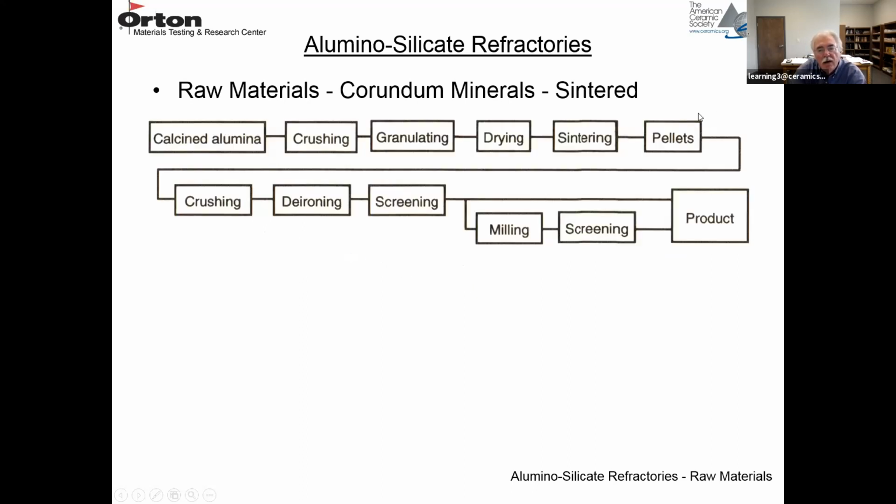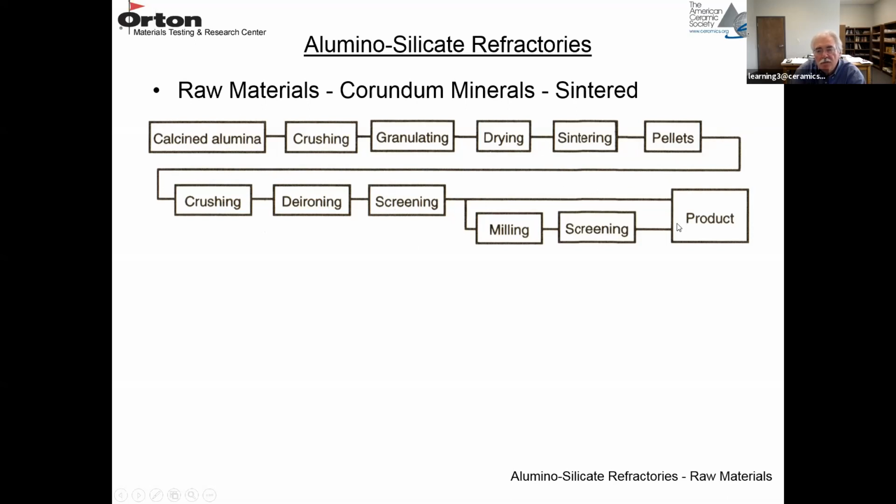So the flow diagram for sintered alumina, you're just starting out with an alumina. It's crushed and formed into some type of pellets. It's dried, sintered. The pellets are then crushed. Impurities can be removed, such as iron, and it's screened and milled and screened again.